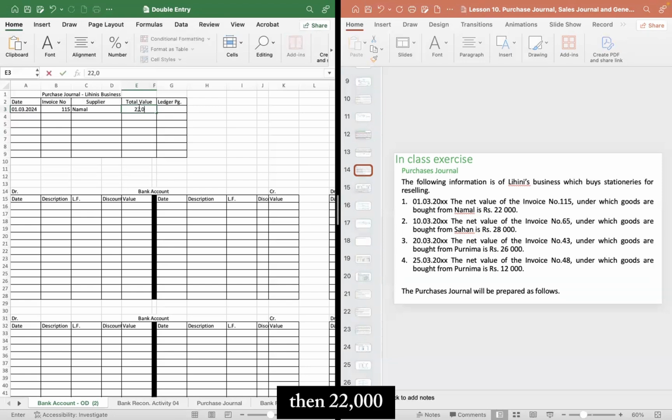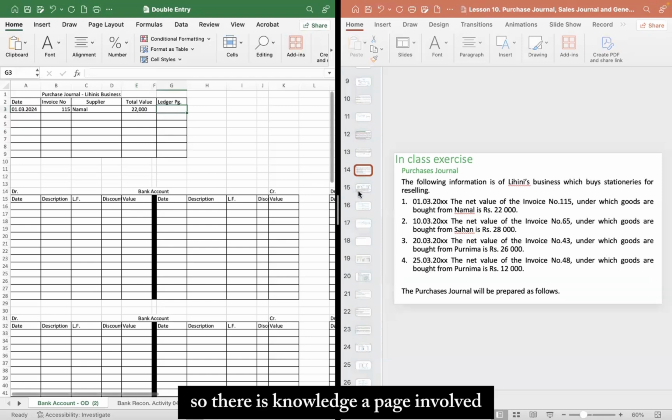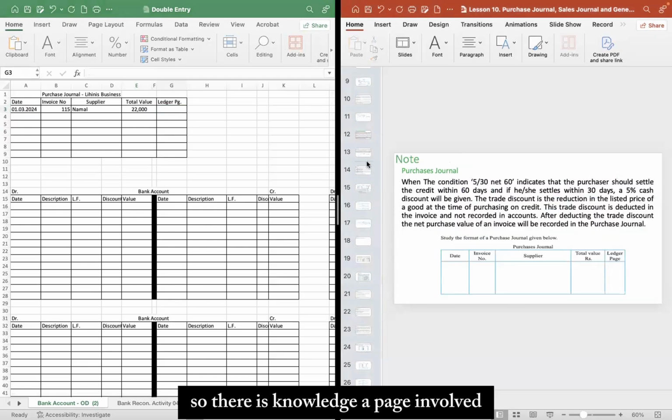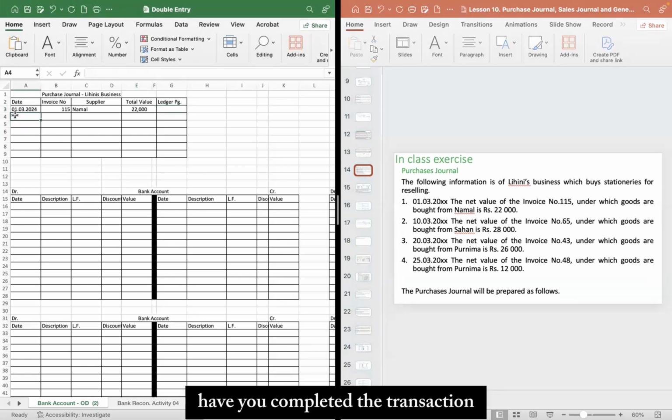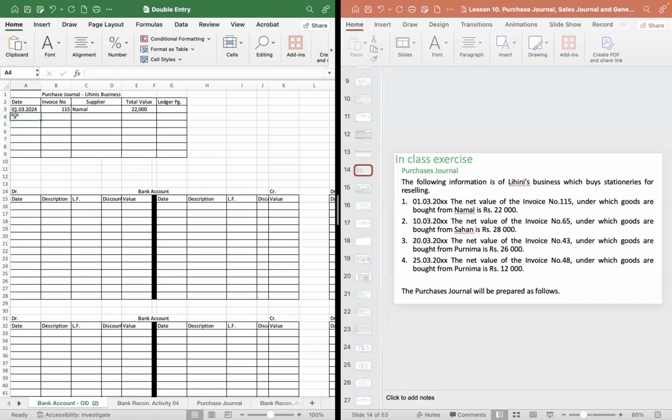Then 22,000. So there is no ledger page involved. Have you completed the transaction? Shall I move on to the next?